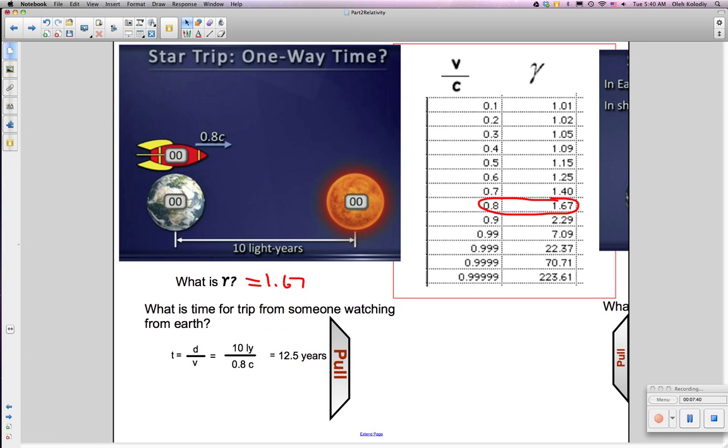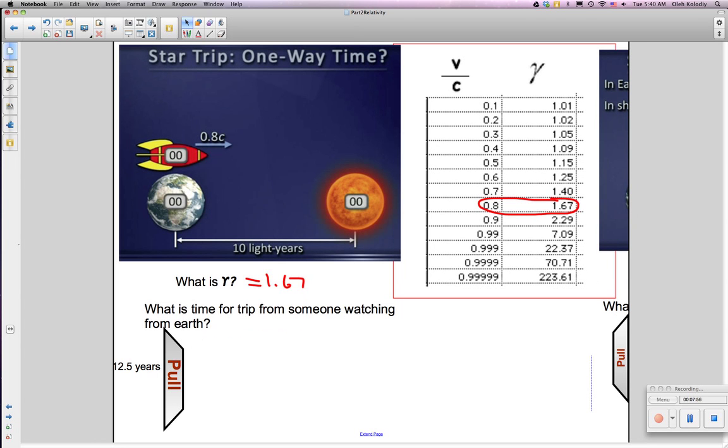First of all, let's calculate how long it takes him to get there and come back, traveling at that speed, from the point of view of somebody on Earth looking at his trip. Well, his velocity is equal to distance divided by time.